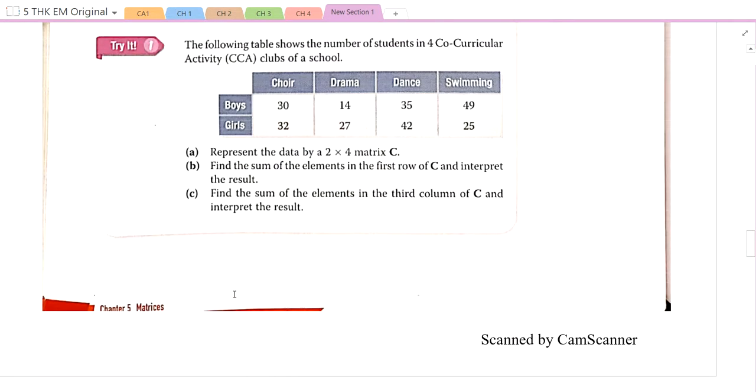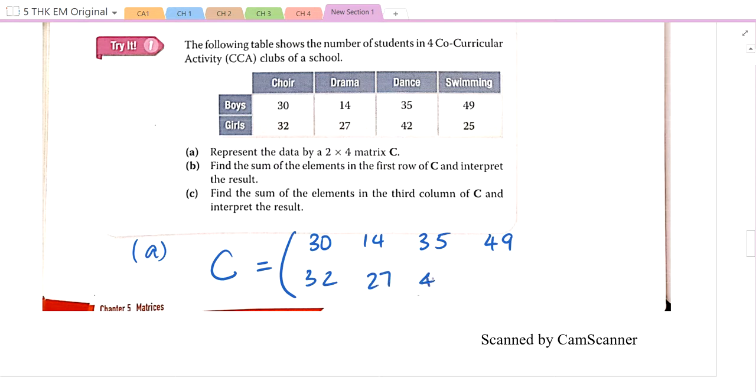Okay, so your turn, try it. Simple stuff. 1 minute, I'm sure you can finish it. Okay, so let's resume. Represent the data by matrix C. I want you to check that you have exactly what I have on the screen. Don't be complacent. Part A. C equals to 30, 14, 35, 49, 32, 27, 42, 25.